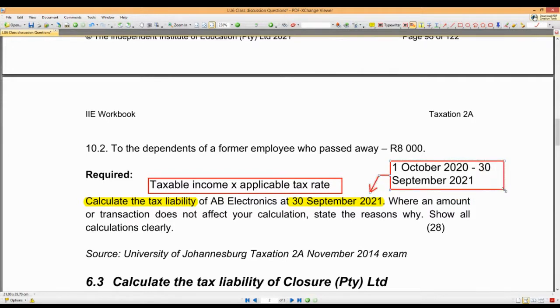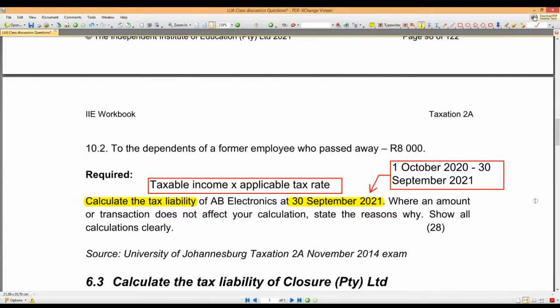Now, why do I need to know this? If they include any prepaid expenses as well in the question, you would have to also take that into consideration. But because these questions now focus more on your capital allowances, I don't expect to see any prepayments in this question, but that is why you need to know what your tax period is in an exam in the event they give you other information.